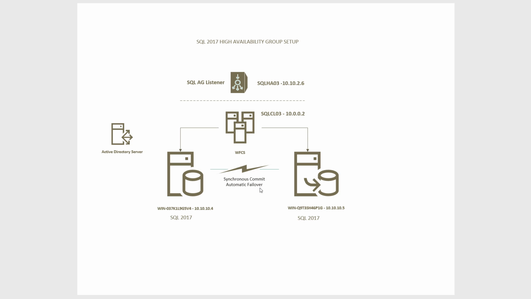It detects the database availability, for example, it checks the IO or the disk availability. If a particular disk goes down, meaning the database is not functional at any point of time, it detects that and fails over the entire high availability group, and all the databases included in that group, to the secondary node.